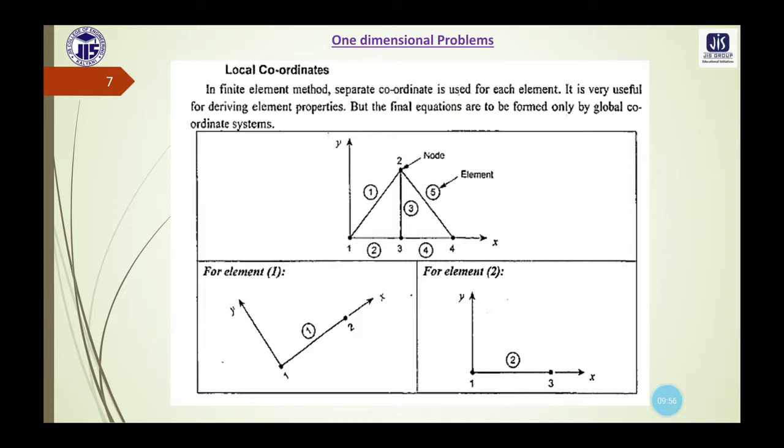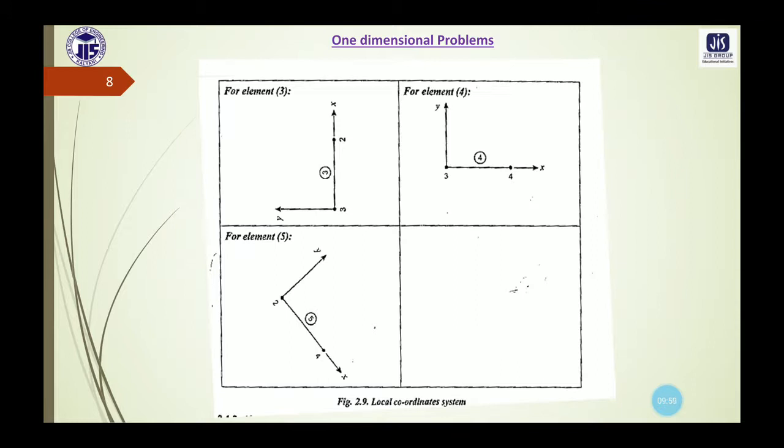These are the local coordinates. Then the element 3 has the nodes 3 and 2. The element 4 has the nodes 3 and 4. And the element 5 has the nodes 2 and 4. So these are the distribution of the local coordinates from the global coordinate system.